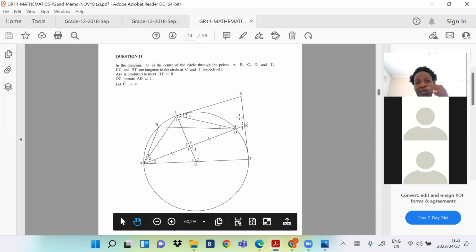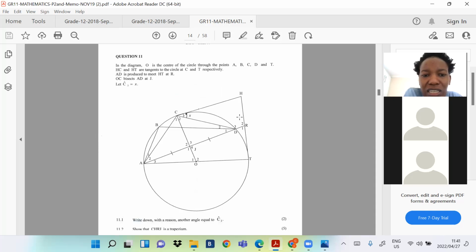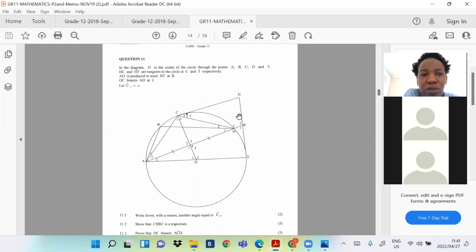Yes, that one. Here, I haven't done this one myself because the other ones I had prepared in the morning. So here they say, in the diagram, O is the center. So check if O is the center, what are you going to get? Sometimes maybe you won't get anything, but sometimes you get something.